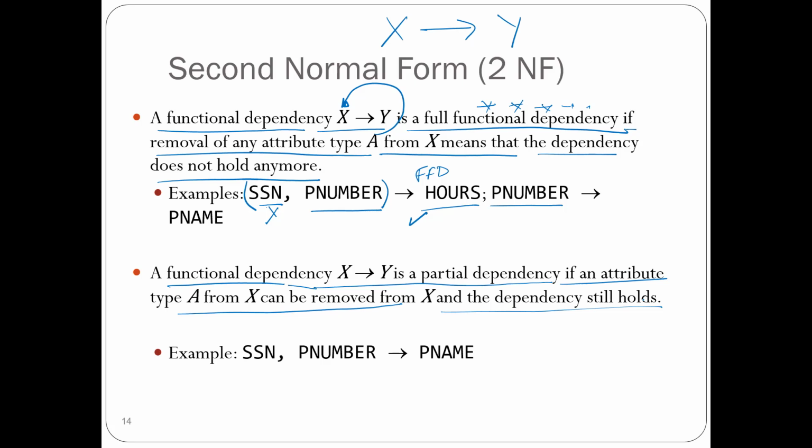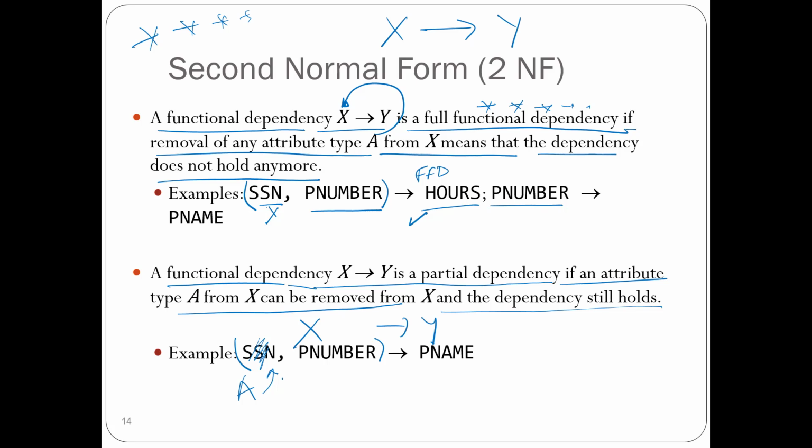So here we go, right? X to Y. In X we have these two attributes, which I am putting in parentheses just to make sure that this is easy to follow. Guys, this is an extremely important concept. Okay, so I'm putting the stars over here. Social security number, P number, they are our X, and then in Y we have only one attribute type, which is P name. In this functional dependency, if I remove social security number, that is going to be A, right?